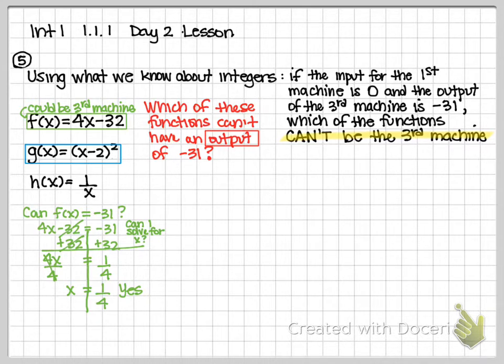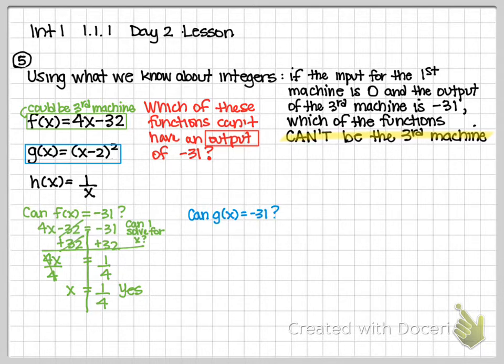Can g of x be equal to negative 31? We're just trying to figure out if it's even possible.